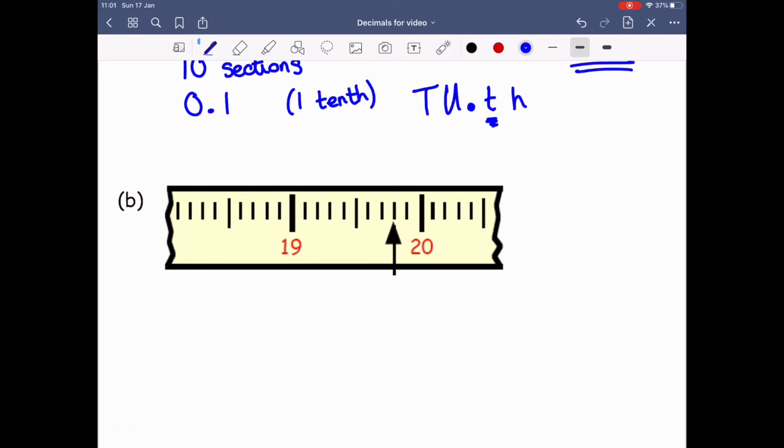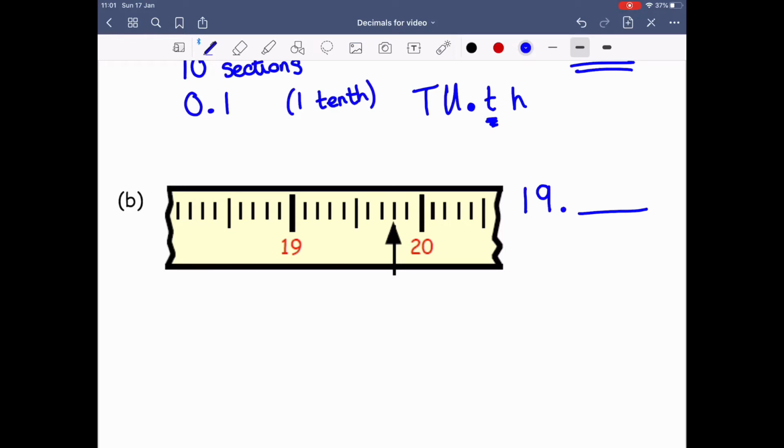This one is pointing between 19 and 20. If you're looking at a number between 19 and 20, it is 19 point something, so 19 and a bit. Same again, there are 10 sections here, so each section represents 0.1.